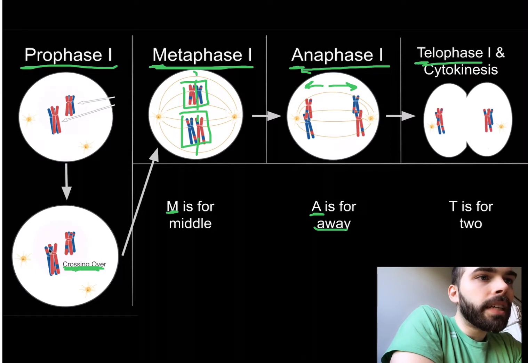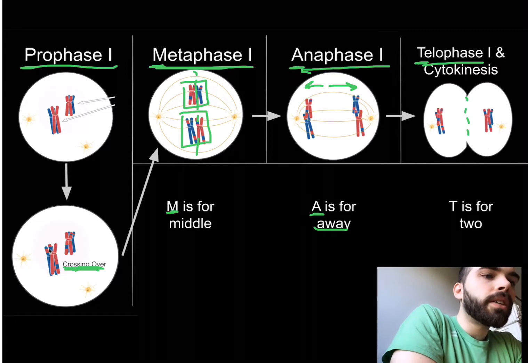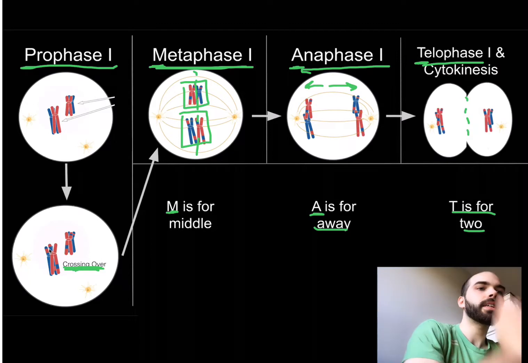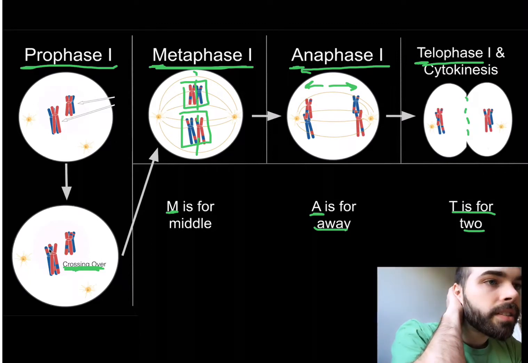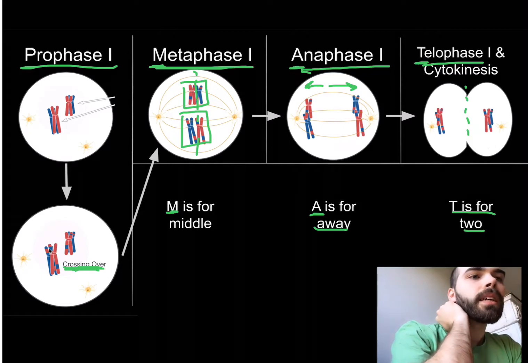And then in telophase, the cell is beginning to divide. It looks like you're about to get 2 new cells. T is for 2, we say, for telophase. And cytokinesis is actually the step where you do cut the cell in half.